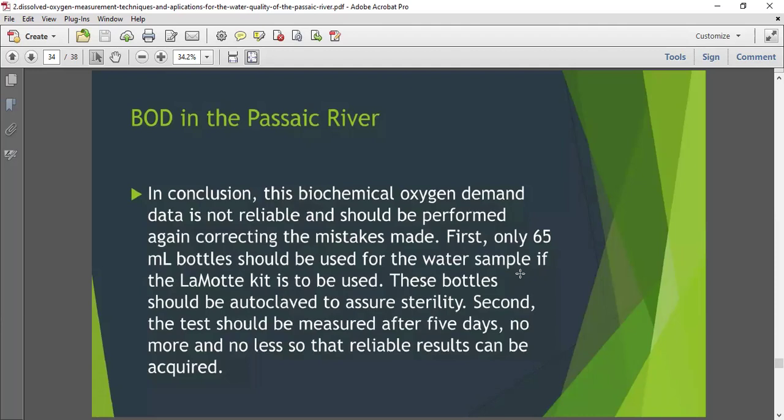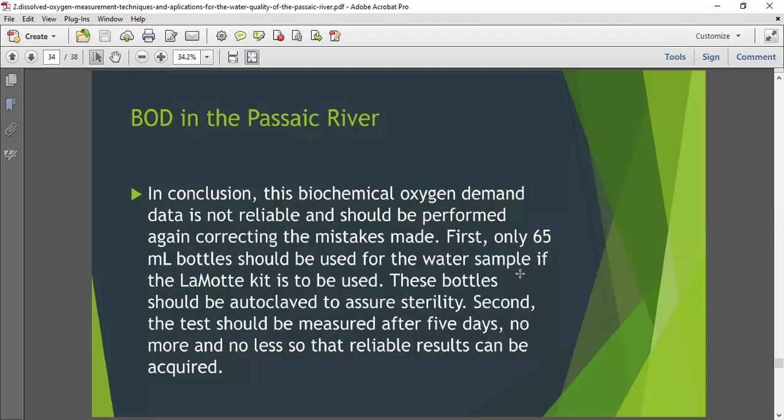Find the amount of microorganisms in water or sewage water. So that's the thing.